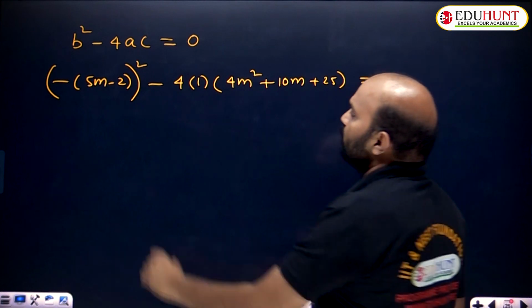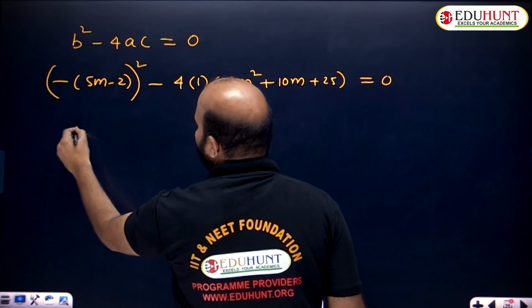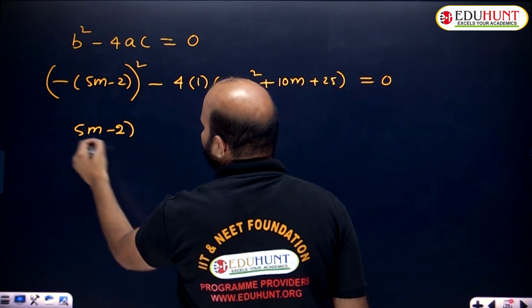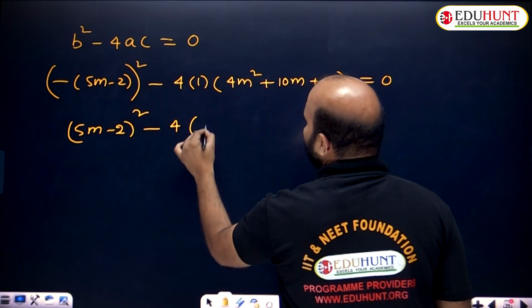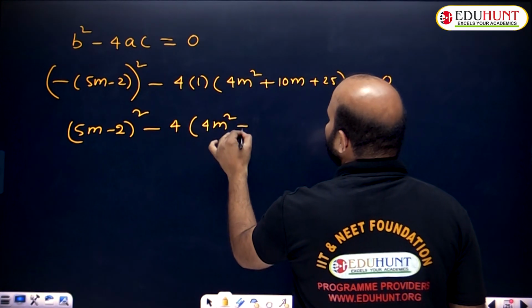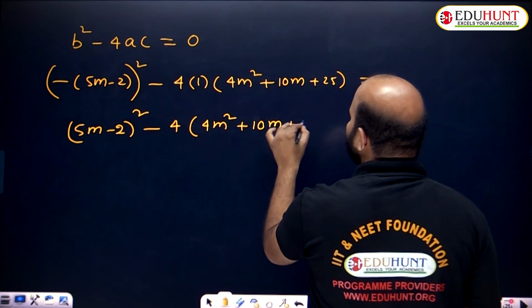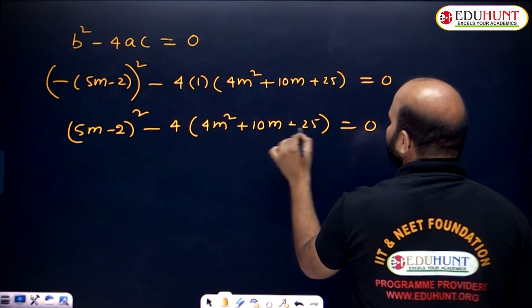Am I clear? Minus whole square is nothing but plus, so it becomes (5m minus 2) whole square minus 4 into 1 into (4m square plus 10m plus 25) equal to 0.